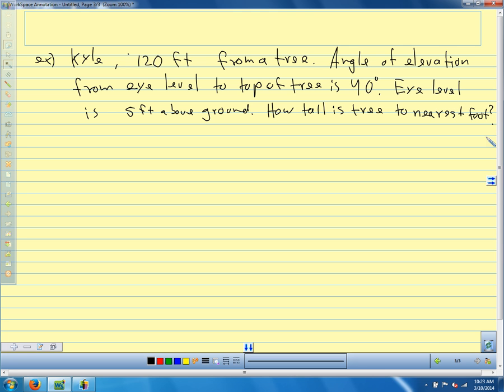All right, so let's draw a picture. So the last time we were measuring a tree, I think we had a mirror, and we used similar triangles to measure this tree. So here's my tree, and here's Kyle standing over here.